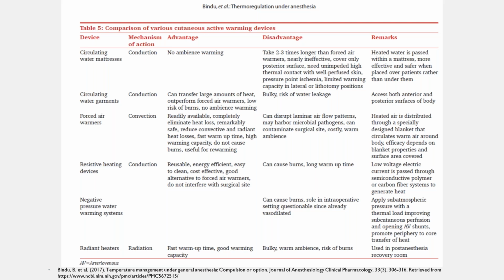They certainly may make you feel better, but there isn't a great deal of evidence about how well they are able to actually increase the patient's core body temperature. You've got circulating water garments. These are, in my opinion, more of a research setting. I know that there are commercial devices, commercial products, and places that use them.